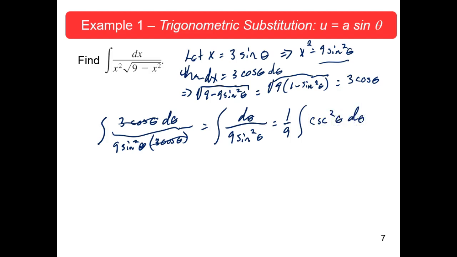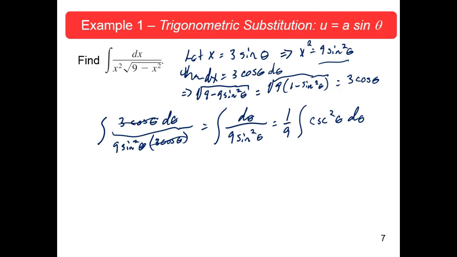Right? I pulled the 1/9 out front. Here's what. I glanced at it, thought of it, and dismissed it. I shouldn't have. Does anyone recall what the antiderivative of cosecant squared is? Not 1 minus. It is, the antiderivative is minus cotangent. Okay. You're right, or you're good thinking.